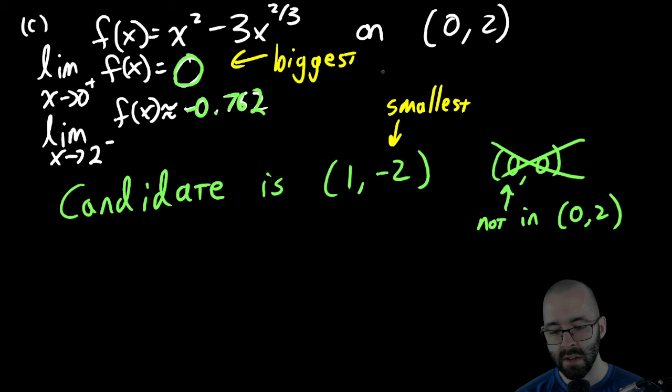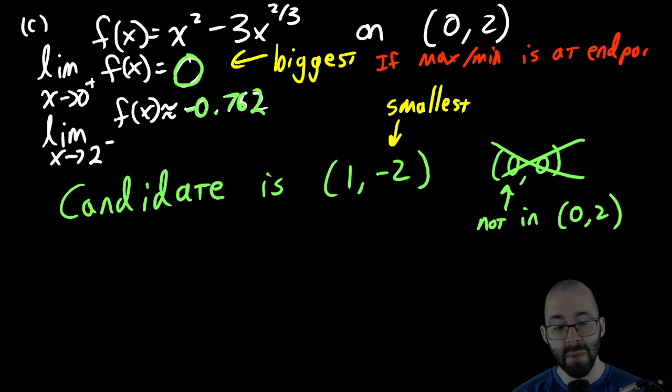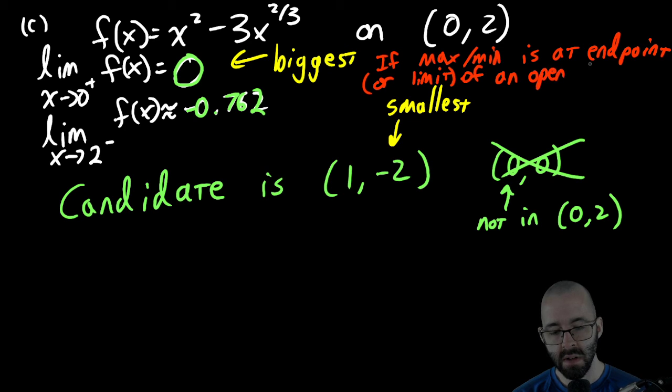So if the max or the min is at the endpoint or limit of an open interval, then there's no max or min.